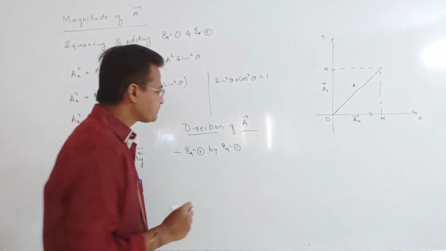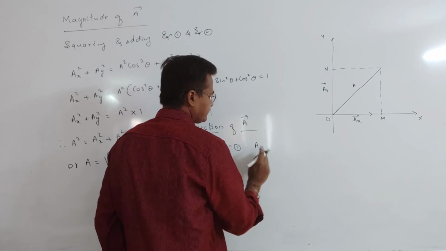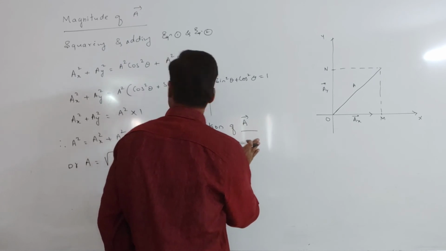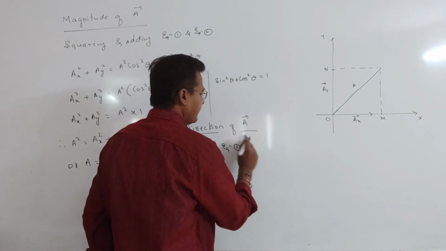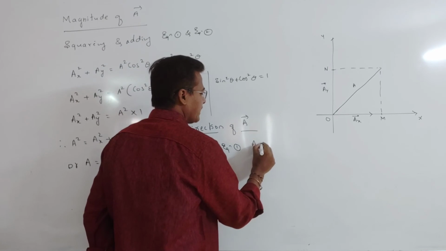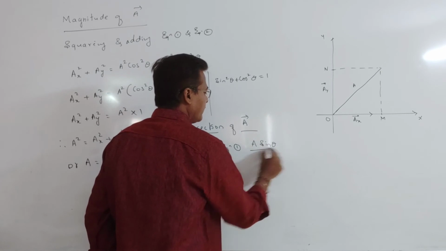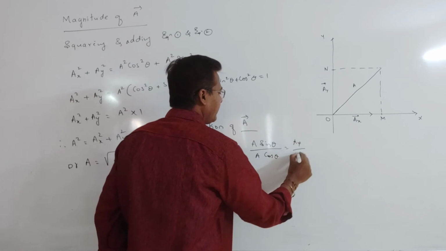Dividing equation 2 by 1 means AY equals A sin theta, divided by AX equals A cos theta, which is AY by AX.